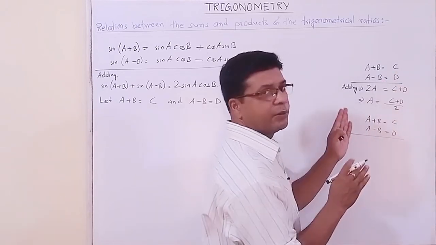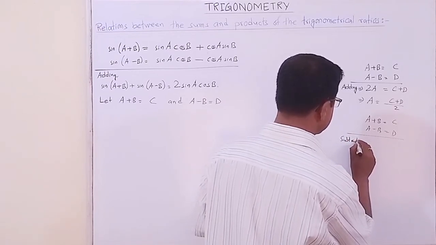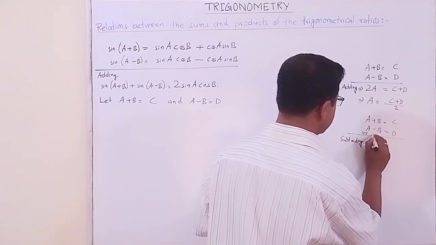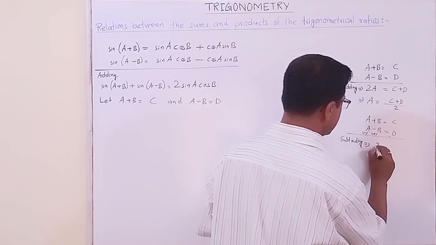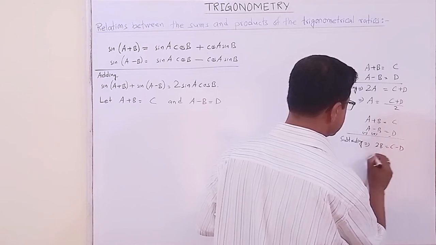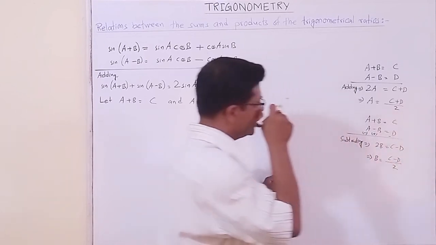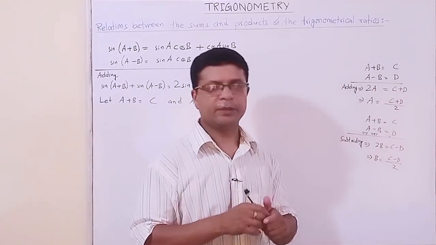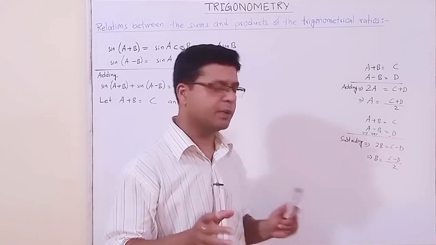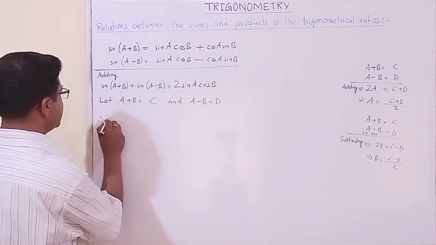Our main thing is how to solve. Now let us subtract: minus plus minus, a will get cancelled, twice b, so this is C minus D. So b is (C-D)/2. So by solving for a and b, we got that a equals (C+D)/2 and b equals (C-D)/2. Therefore what do we get from here?